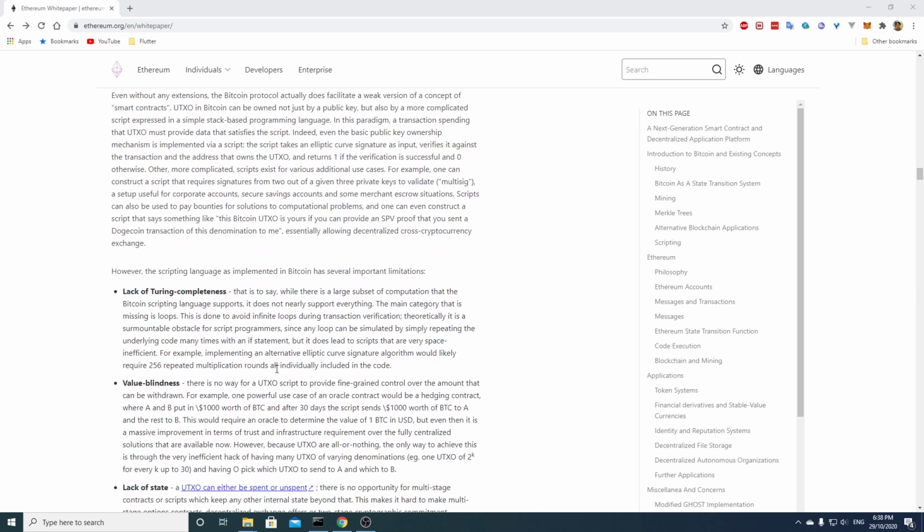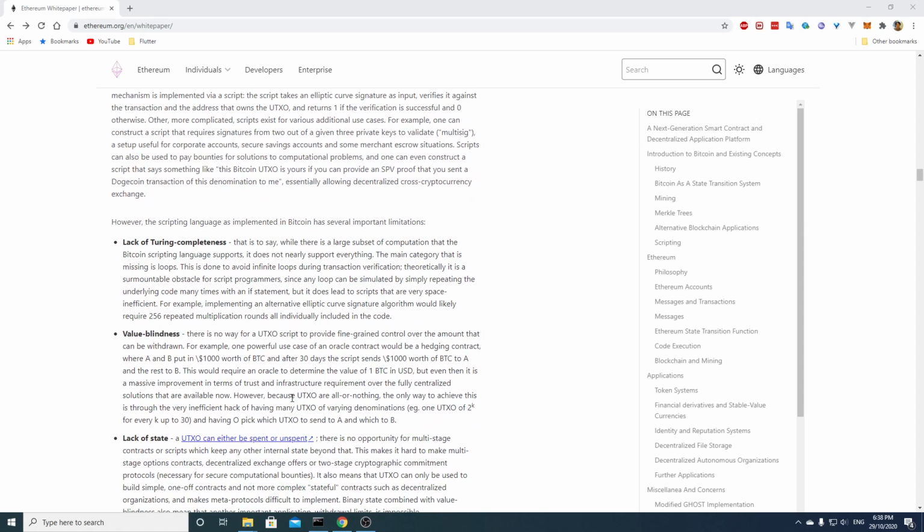Okay, so however, the scripting language as implemented in Bitcoin has several important limitations. Lack of Turing completeness. That is to say, Turing complete is a class of programming languages. And Turing is a very famous logician, mathematician, and he's basically one of the fathers of computer science.